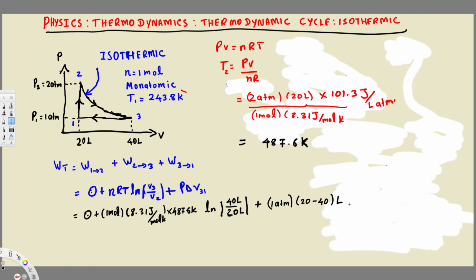To convert this into joules, we multiply by 101.3 joule per atm liter. In this way, atm liter cancels, and we get the answer in joules. If you plug this in the calculator, you will get 2,809 joules. Minus, if you plug these things in the calculator, that's going to give you 26 joules, and finally you will get 783 joules. And that's how we do this kind of problem.